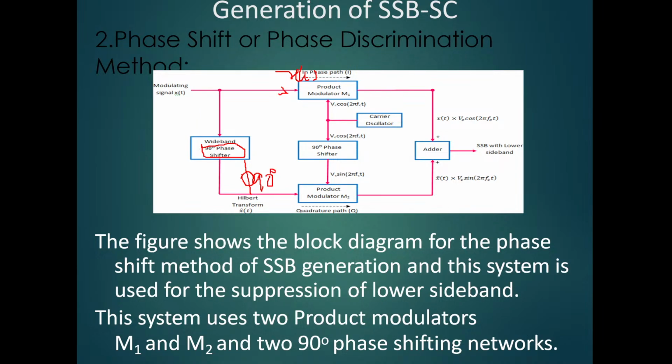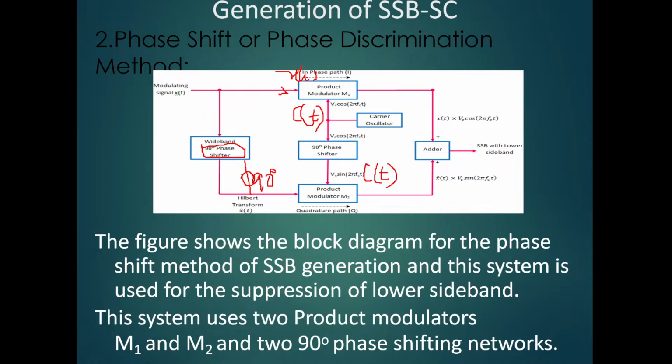Now for the second input to the product modulators, that is our carrier signal. For product modulator M1, the carrier signal is given as c of t. But for the second modulator, a 90-degree shift is added to c of t as well.